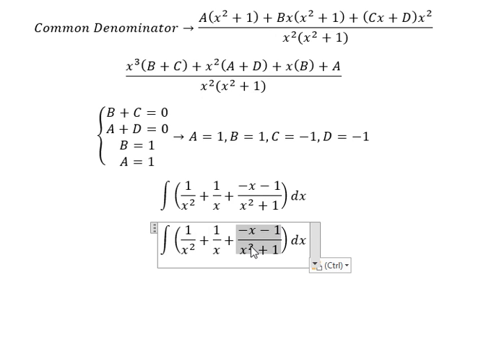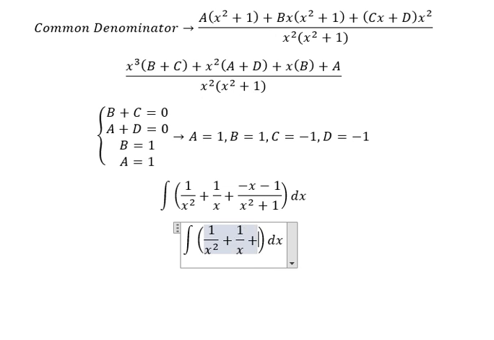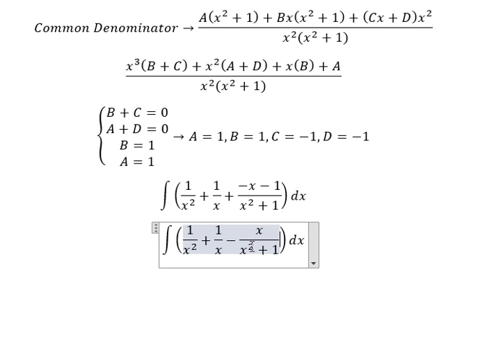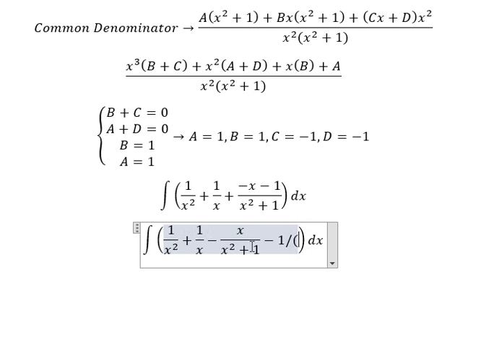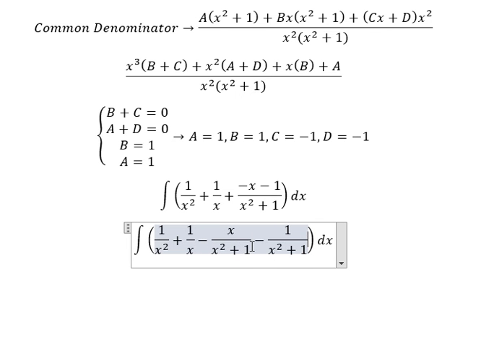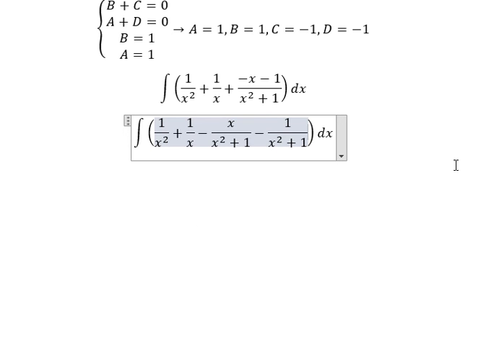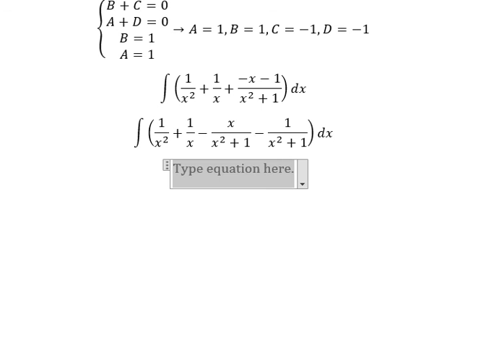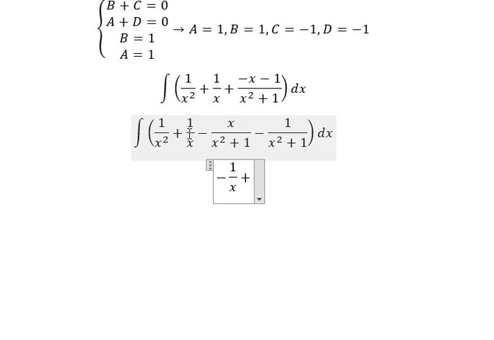So for this one, I can write negative s over s squared plus 1 minus number 1 over s squared plus 1. The integration of 1 over s squared in here, we have negative 1 over s. The integration of 1 over s, we have ln of the absolute value of s.